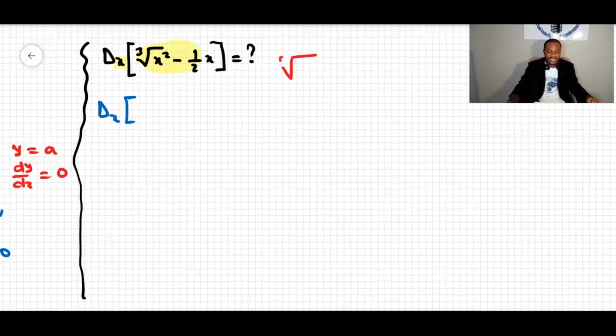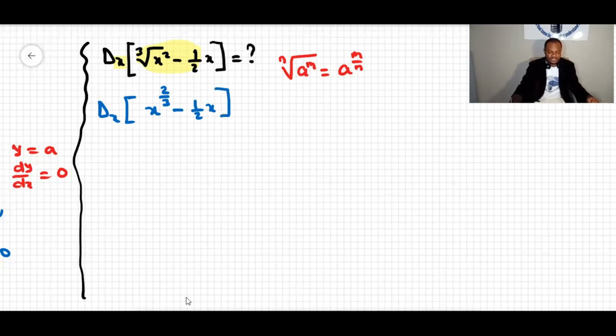If we have the nth root of a to the m, this is equivalent to a to the m over n. So we can write x to the power of 2 over 3, minus a half x.